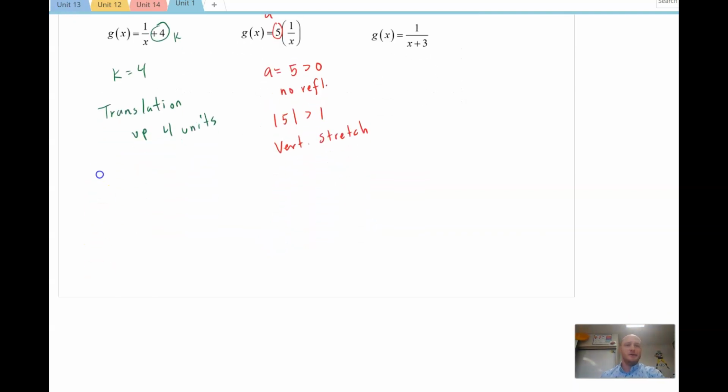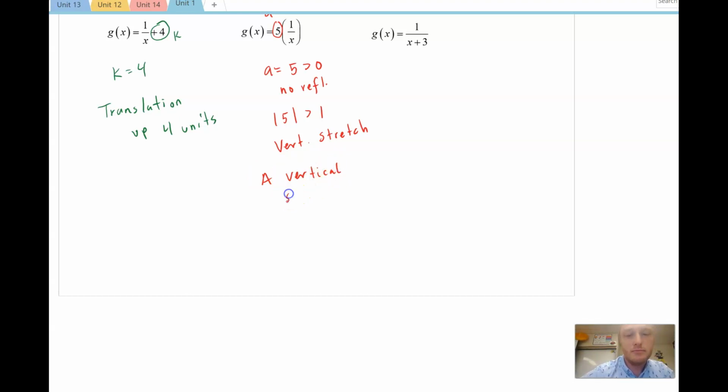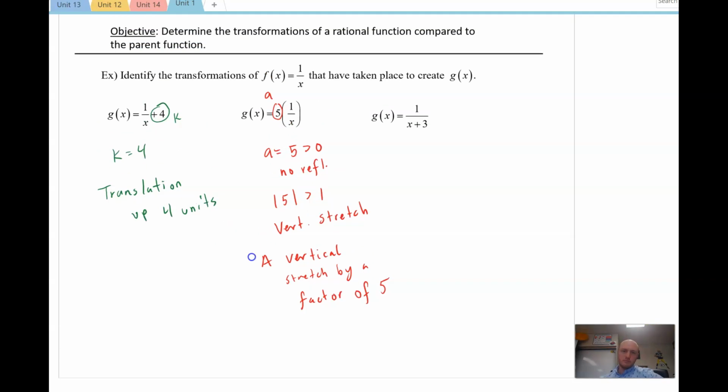We'll summarize this by saying the transformation is a vertical stretch by a factor of 5, because we want to know how much we're stretching it.